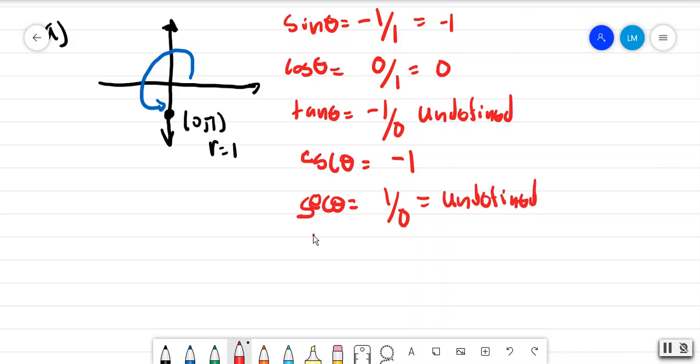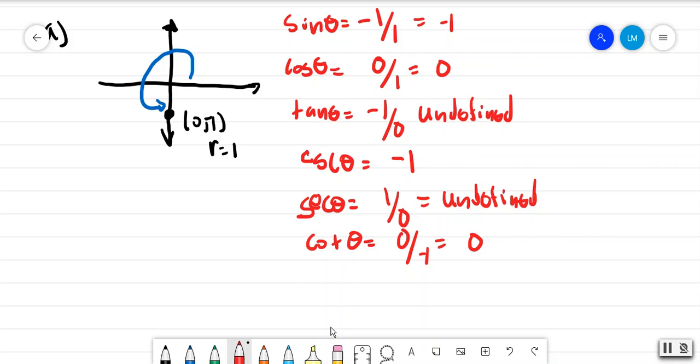But that means that we can also find cotangent of theta, which is 0 over negative 1, which is actually just 0. So it appears that the tangent and the secant were the only ones that we couldn't find.